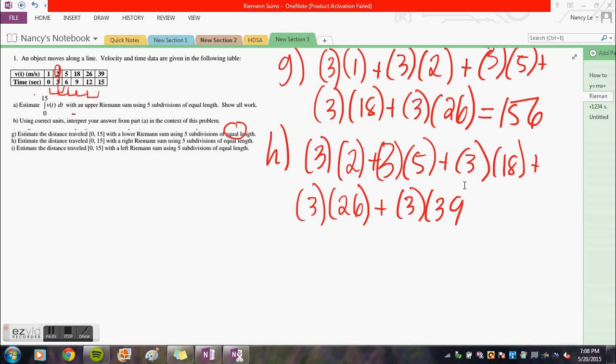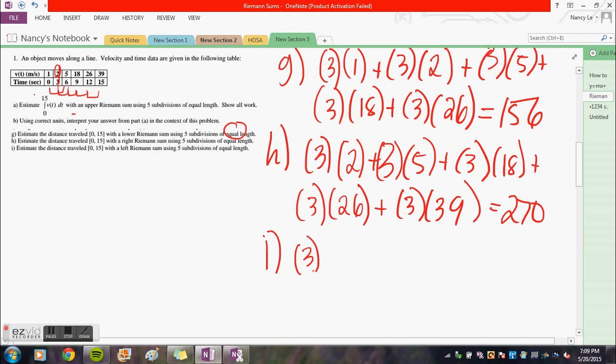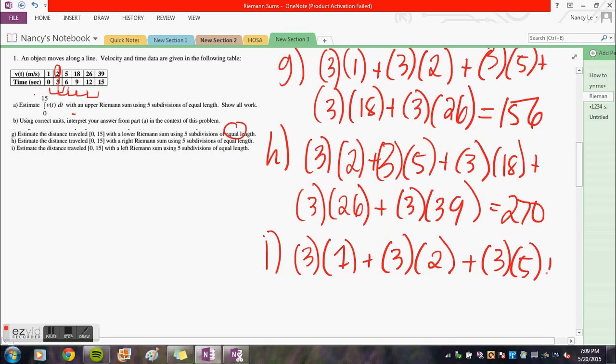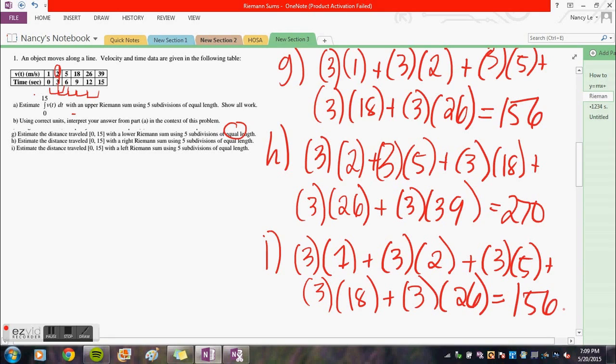And that will give you 270. And then for I, it's a left Riemann sum, so that's 3 times 1 plus 3 times 2 plus 3 times 5 plus 3 times 18 plus 3 times 26, and that'll give you 156.